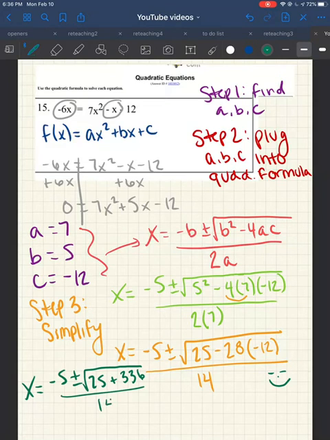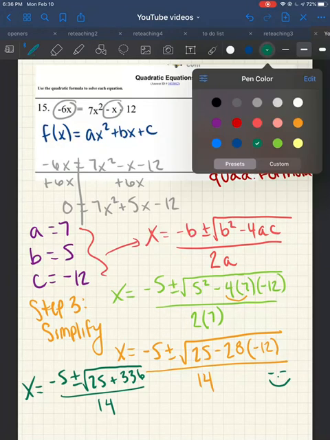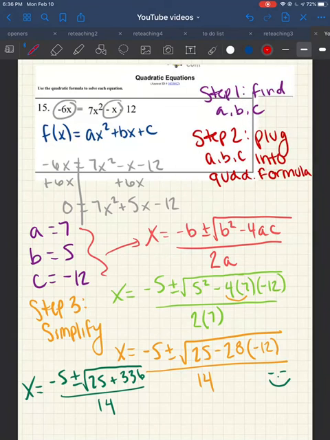Okay, all over 14. So from here, I'm going to simplify whatever is under my square root more. So I've got x equals negative 5 plus or minus the square root of 336 plus 25, which will be 361, over 14.